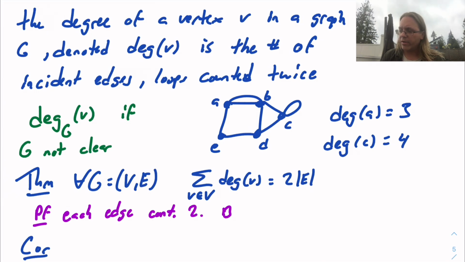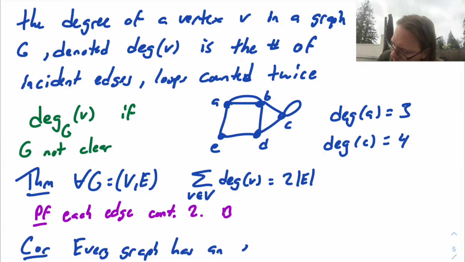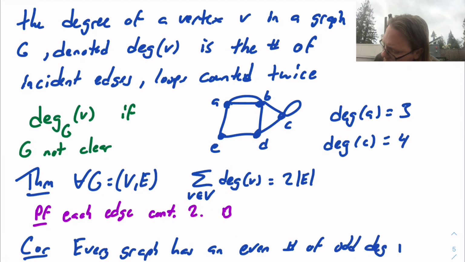So in this theorem, we're summing up the degrees of the vertices. The degrees are always integers, non-negative integers, in fact. If they add up to an even number, which they do, that means you must have had an even number of odd ones. So the corollary here is that every graph has an even number of odd degree vertices.